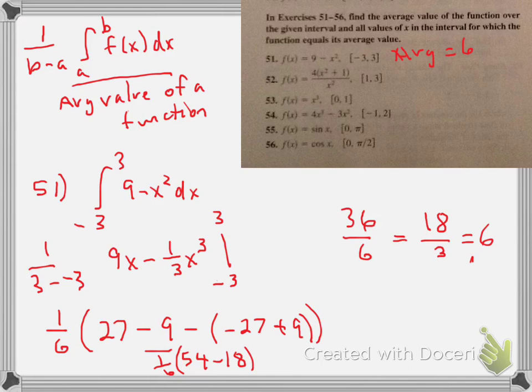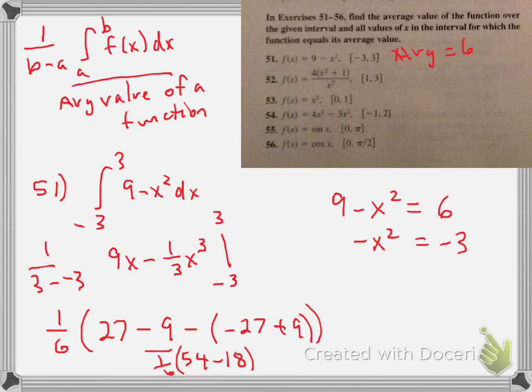It also says find the values of x in the interval at which the function equals the average value. So the function equals the average value at least one place, but maybe more than one. So we set the function equal to the average value and solve.